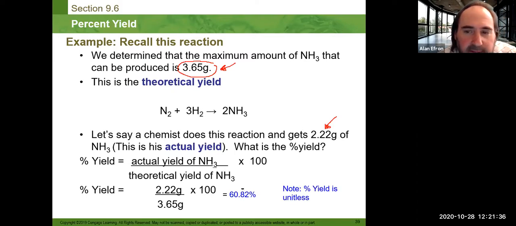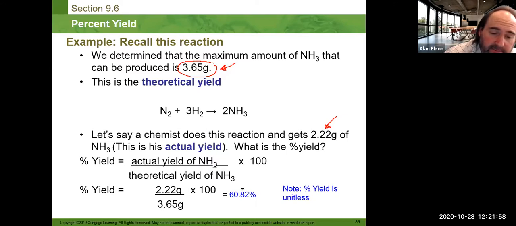We don't usually put units on percent yield because it is a percentage, so we just deal with it in terms of a percent. Now, a couple of things about the percent yield calculation here. Here we did grams to grams, which is a very common way that we calculate percent yield, because in the laboratory, or if you're doing an experiment, you usually are measuring things in grams. It doesn't necessarily have to be grams and grams.